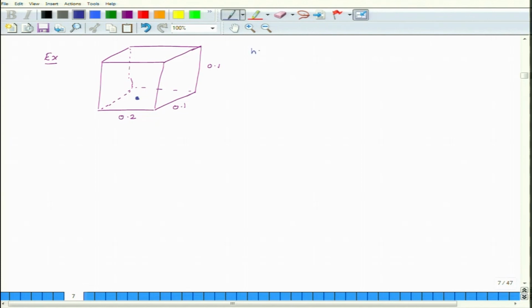The thickness of each wall is 1.9 millimeters. The material of all the walls is steel, and the Young's modulus of steel is 200 GPa, gigapascal. Poisson's ratio is 0.27.